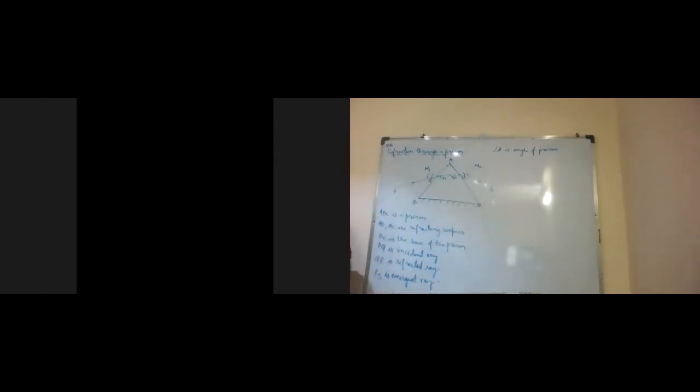Angle of incidence means the angle between the incident ray and the normal. The angle between the refracted ray and the normal is the angle of refraction. There are two angles of refraction, and E is the angle of emergence. The angle between the emergent ray and the normal is the angle of emergence.